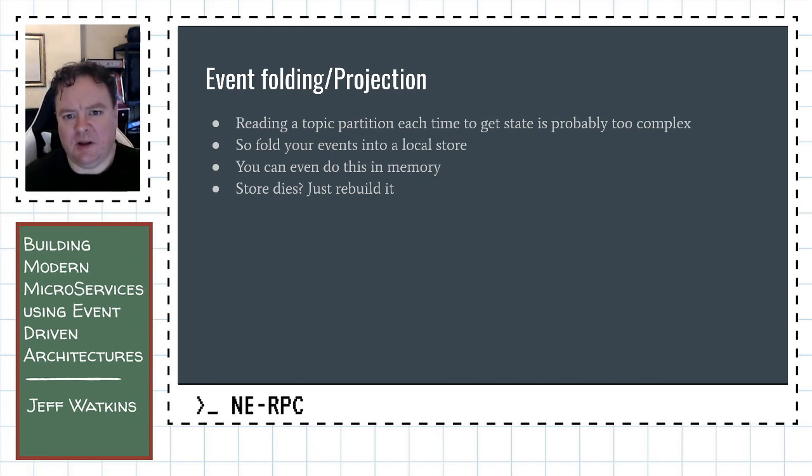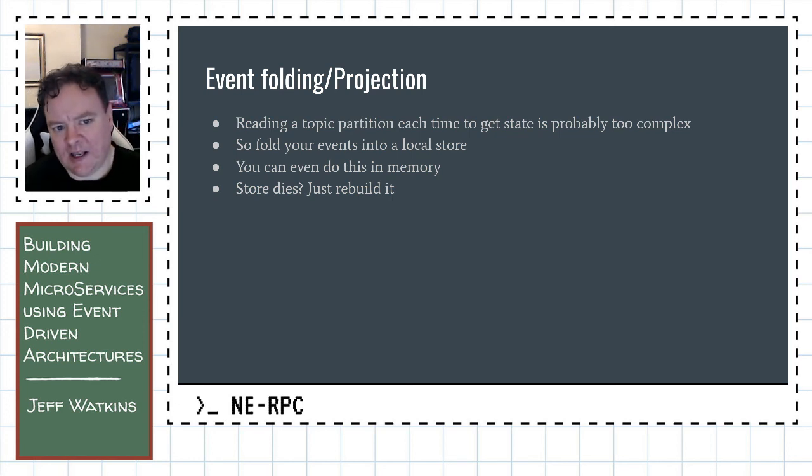So we need a better way, and Kafka Streams and state stores can be used to consume a number of topics, and what you can do is what we call event folding. You take the fold of all the events and then project them into what is effectively a read store, and you can keep that as a local store.